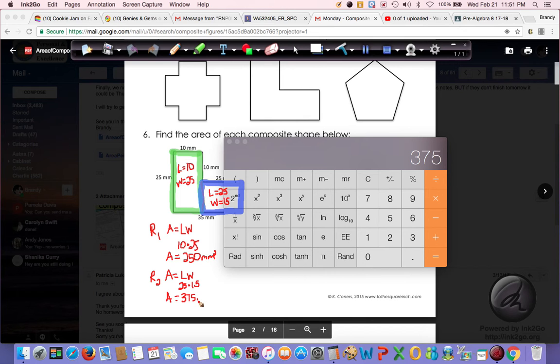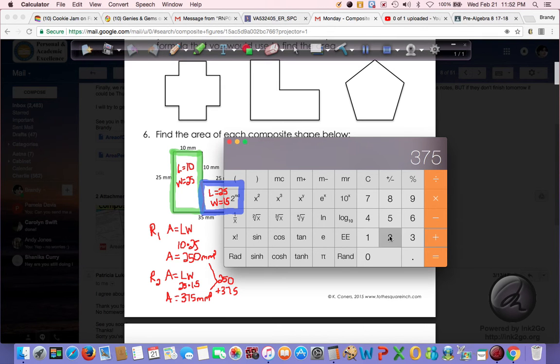Well, that's great. I found out 2 separate areas, but remember, we want the area of the composite. So we want the whole thing together. So our last step is to add these two. Your last step is to say 250 plus your 375. That's your last step. Okay? So let's go to our calculator. We already have the 375.